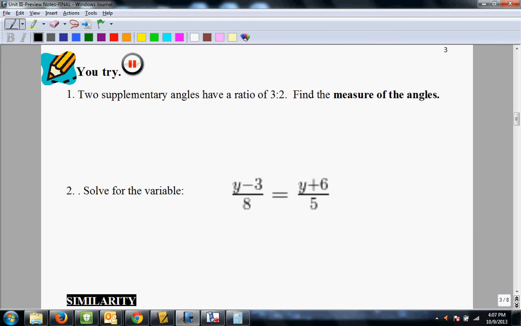Now, for these two, I'm going to set the timer for 2 minutes. I want you to attempt to do these two problems completely on your own in 2 minutes.